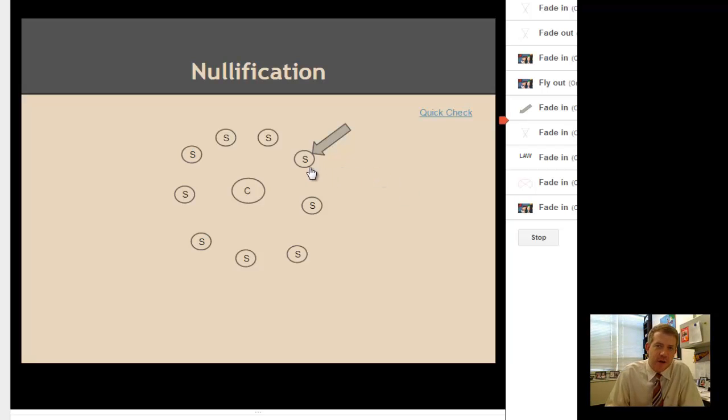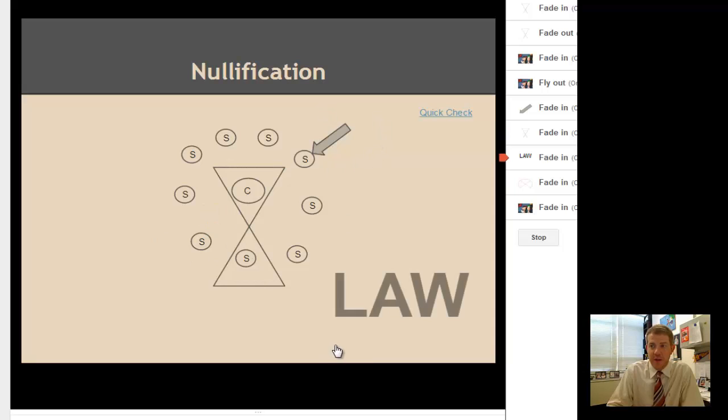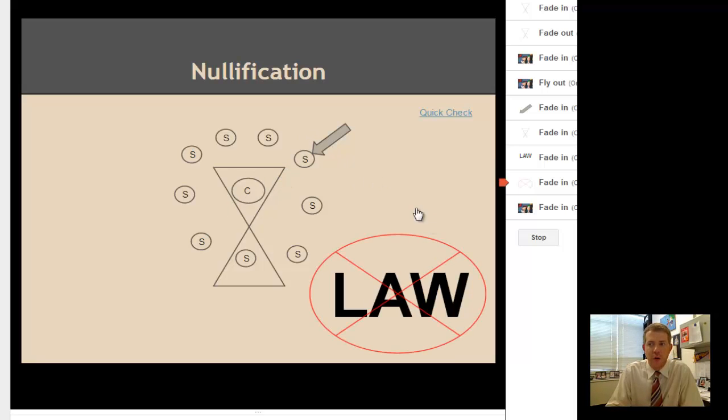He says, this state right here, this individual state that got into that agreement and signed that contract with the central government, that individual state has the right to say, this law that you passed, and let's just say it's the Sedition Act, this law that you passed legally, you had the right to pass it, maybe even you deemed it necessary and proper, but because in this state, in Kentucky, we believe that it violates the contract we agreed to, we are going to nullify that law. And so this is the theory of nullification.